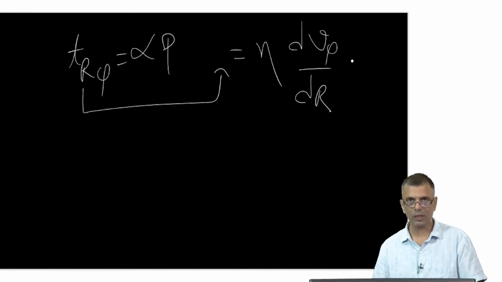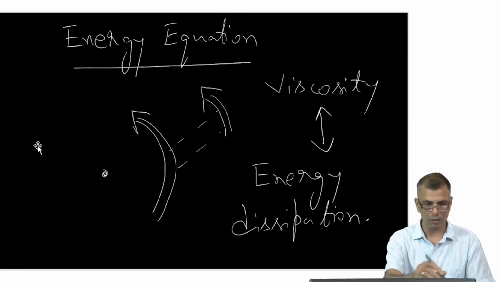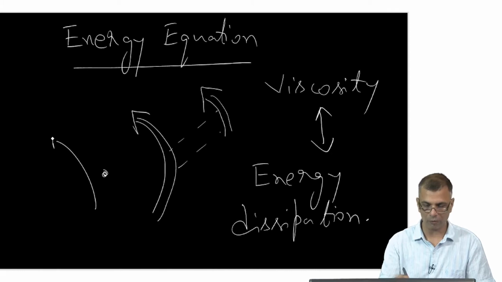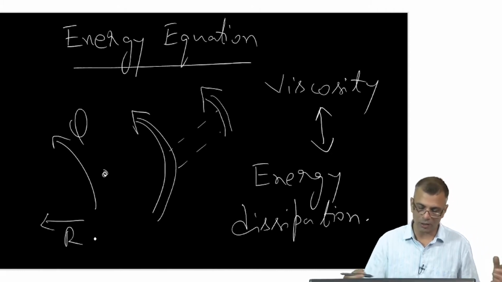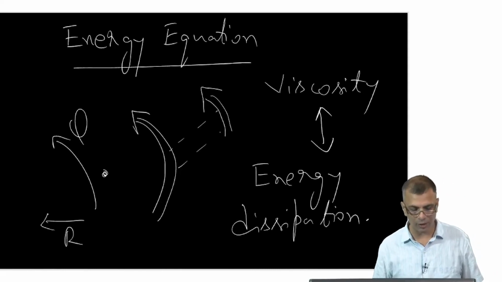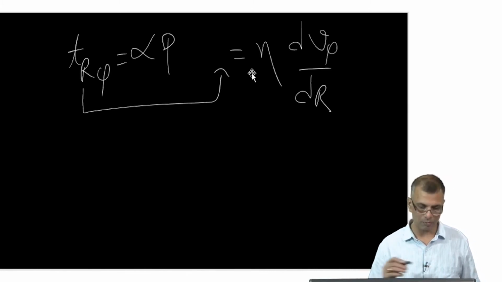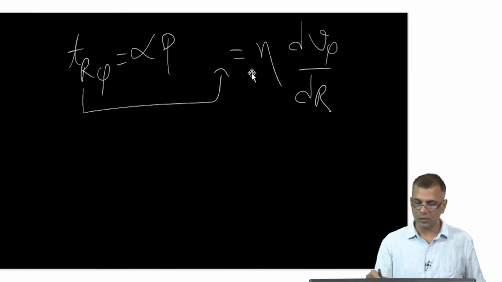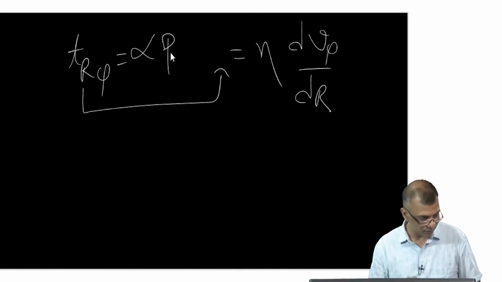So, it's like this, there is a dVphi, this would be the phi direction and this would be the r direction, and so there is an r directed gradient of the phi component of the velocity, and that is exactly how this is written. So, this is the basic definition and we parameterized it as alpha p, isn't it?